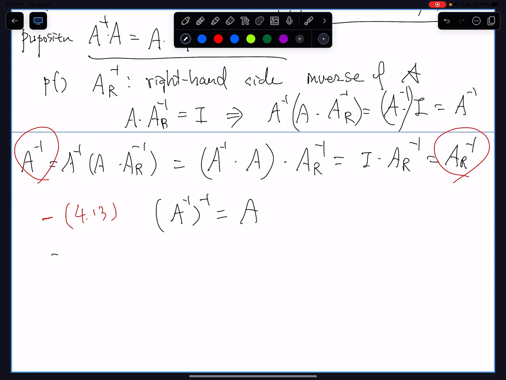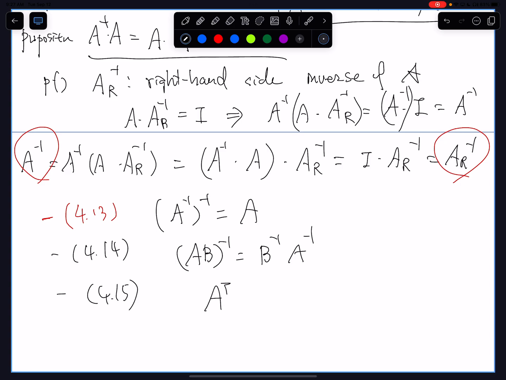Then the inverse of AB is B inverse A inverse. All right, and the transpose's inverse is the inverse's transpose.